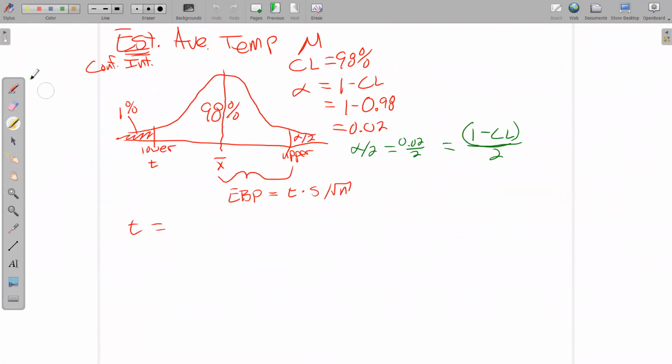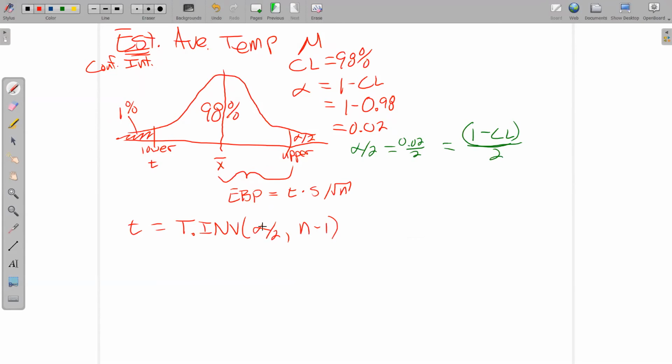Okay, so to calculate the t here, I'm going to use the T.INV formula. And the T.INV wants to know what's that tail probability. So that's my alpha over 2 value. And then it wants to know what's the sample size minus 1.